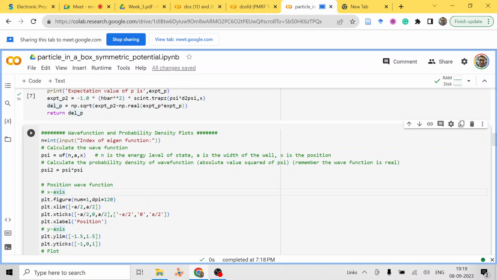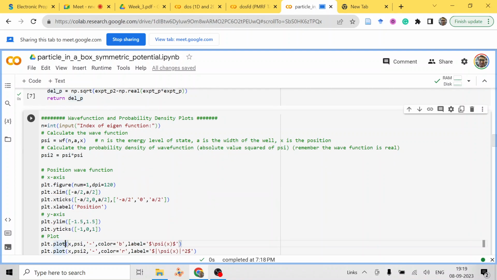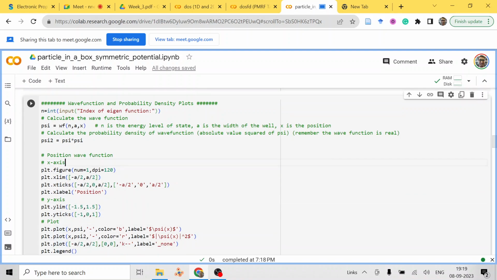Then we plot our wave function and our probability distribution function as well. So we will have this num equals 1.